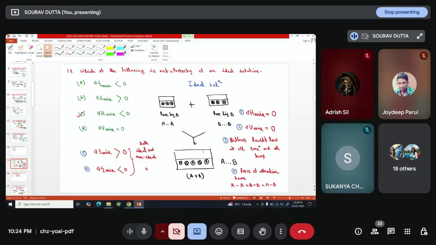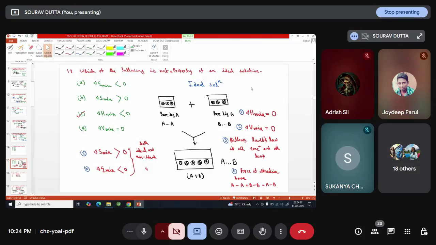So there is no volume change. So delta V mixing, change in volume due to mixing, equals 0. Or it follows Raoult's law at all concentrations and all temperatures. It will follow Raoult's law, and as I said, the force of attraction AA, BB, AB, all interactions are the same.